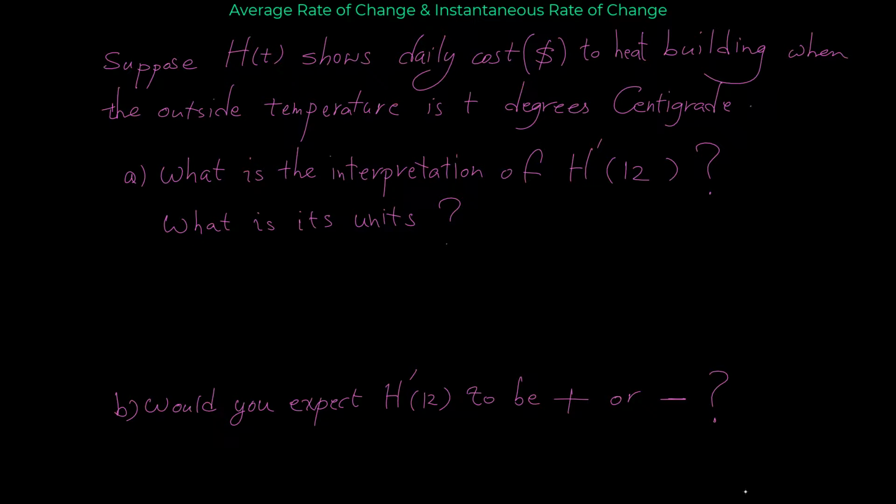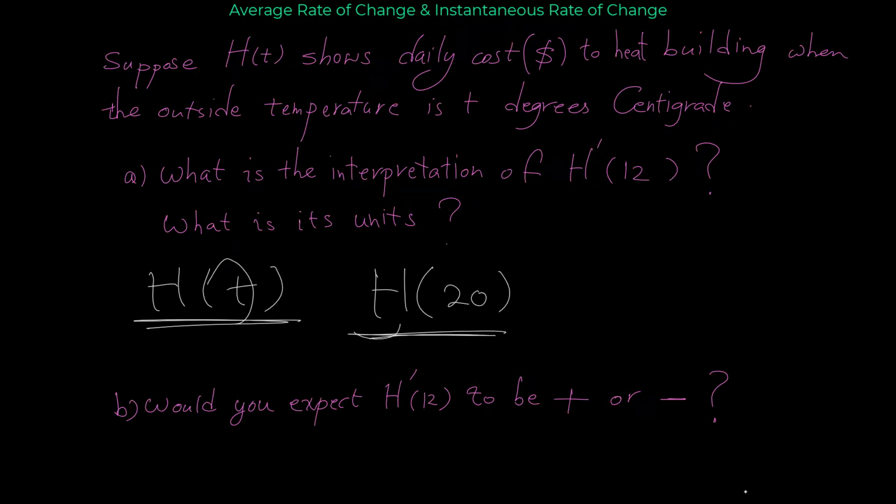Before we start doing this question, let's think about function h of t. So we have a function h of t, which shows the cost for heating a building when outside temperature is t. So for example, what is the meaning of h of 20?